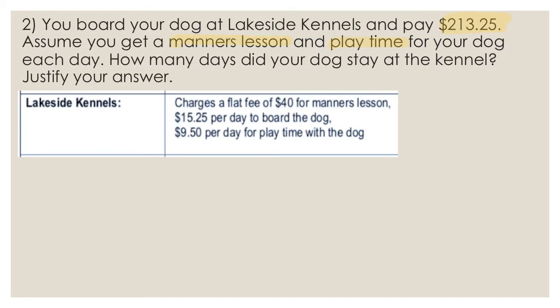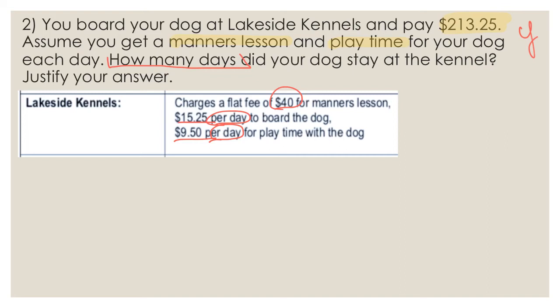So once again, our variable is going to be how many days did your dog stay? We're going to use Y in this case. So we're looking at Lakeside Kennels now, so we have some different numbers. We have $40 for manners lessons, $15.25 to board the dog, $9.50 for playtime. And these are our per days. So take a minute and pause to see if you can write this equation.